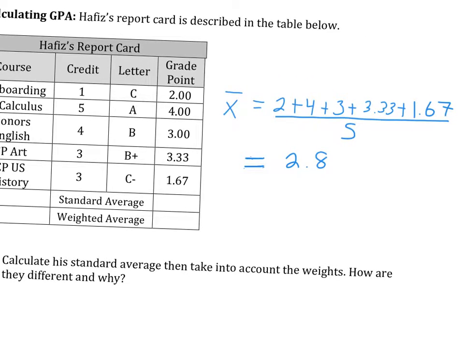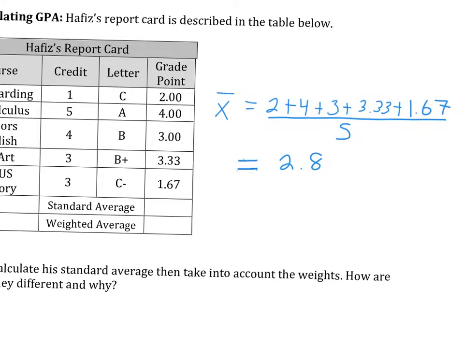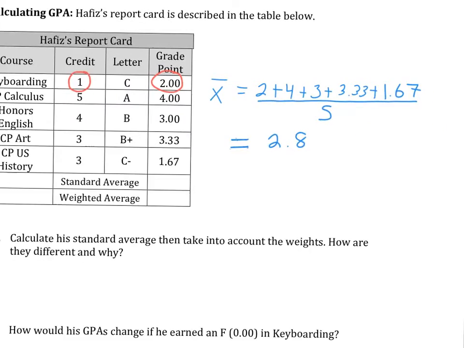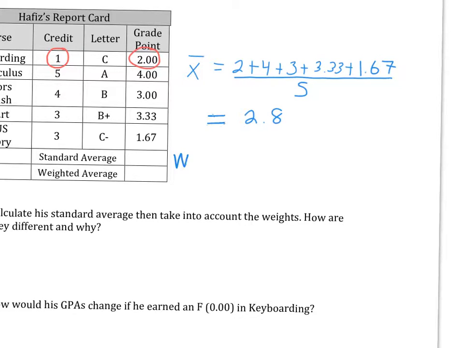Now, let's see what a weighted average is going to actually be like. Instead of adding up the number of terms, what we're going to be doing is adding up the number of credits to see how much each will be worth. For keyboarding, you get 1 credit, and you got 2 points from that. So for the weighted average we say 1 credit times your grade, times the 2.